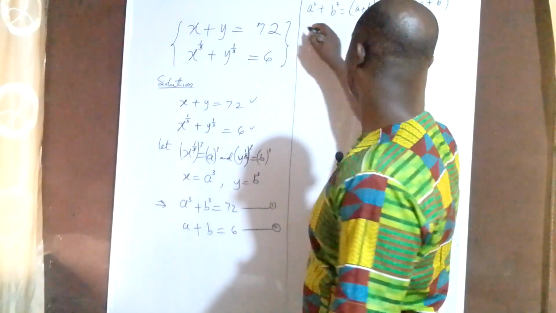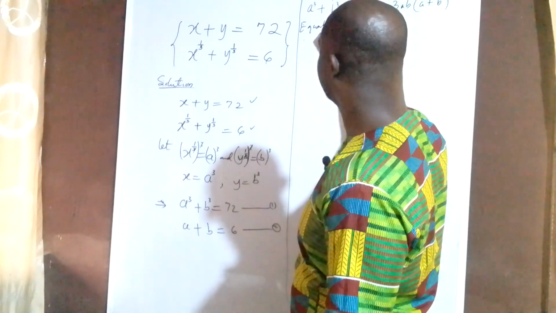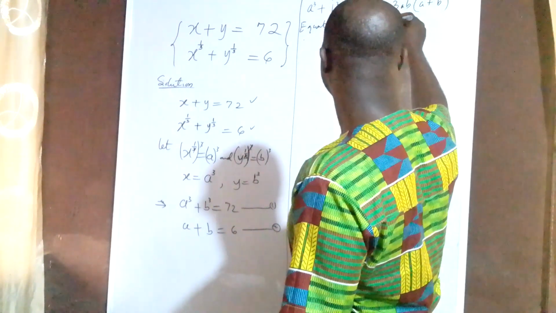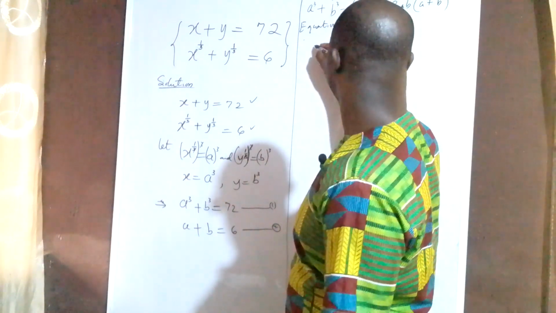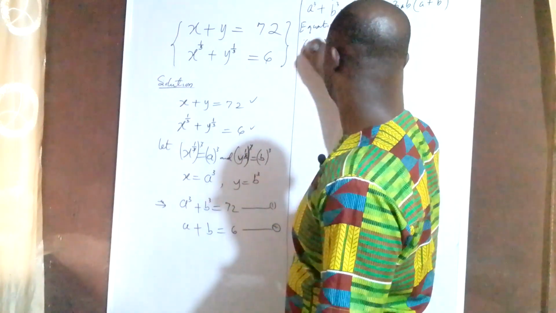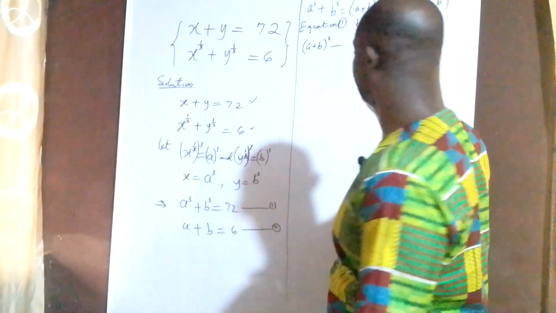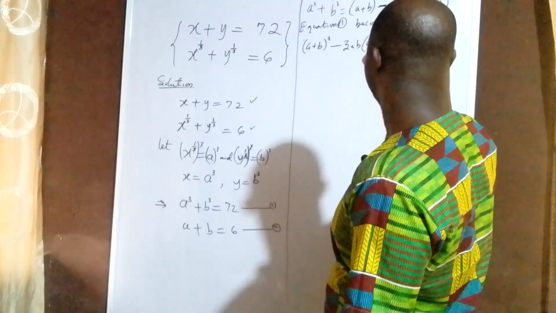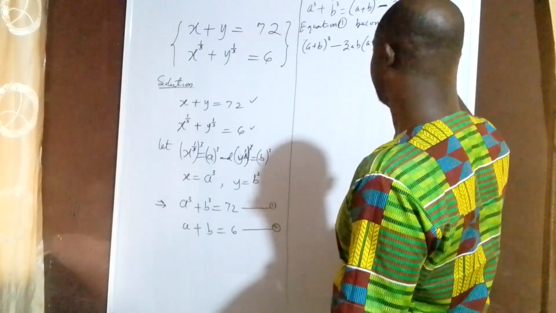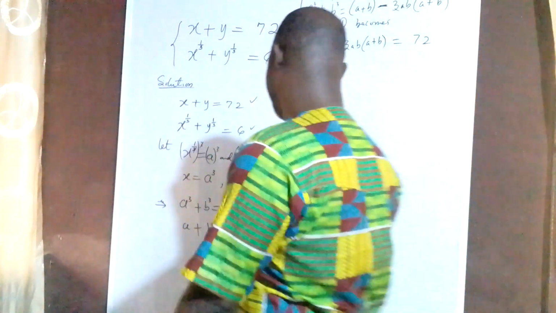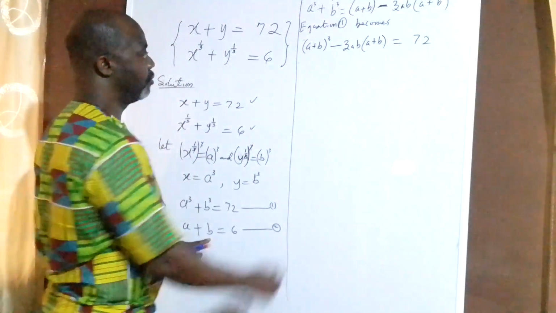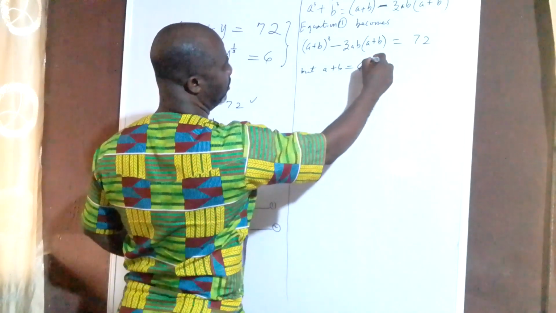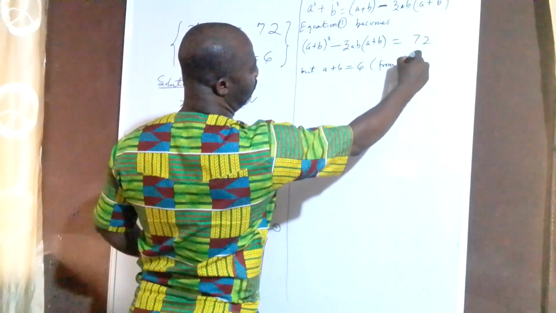So that means equation 1 becomes a plus b cubed minus 3ab open bracket a plus b equal to 72. But we know that a plus b is equal to 6, from equation 2.